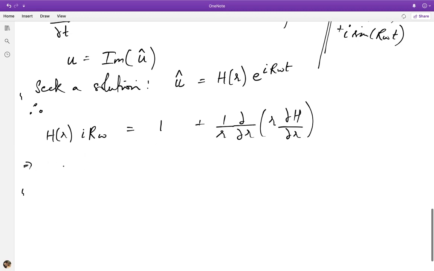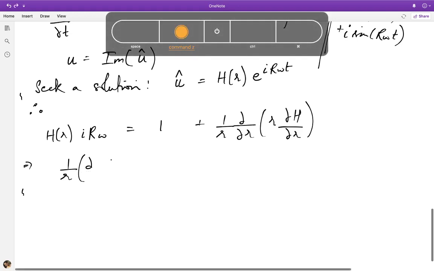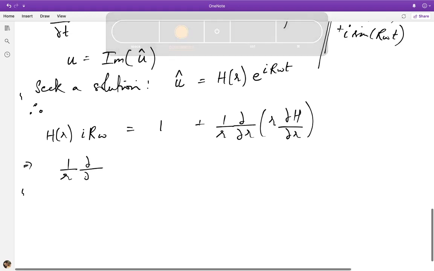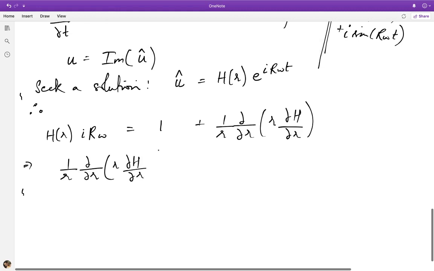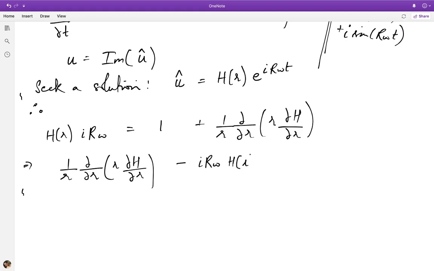Let me rewrite it in a form that some of you all may recognize. So I take this to the other side and I take the one to the other side.